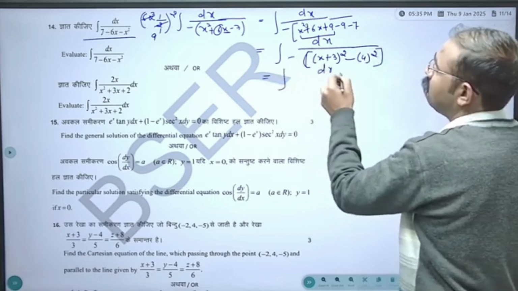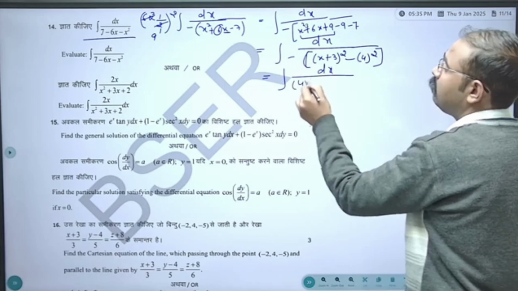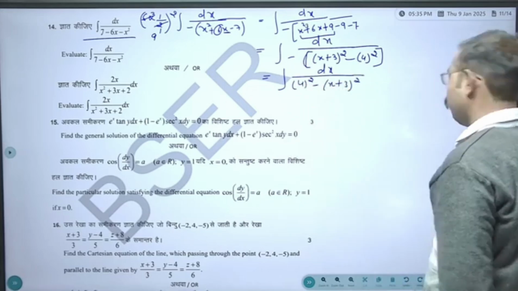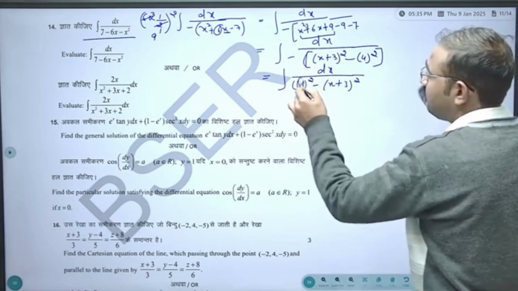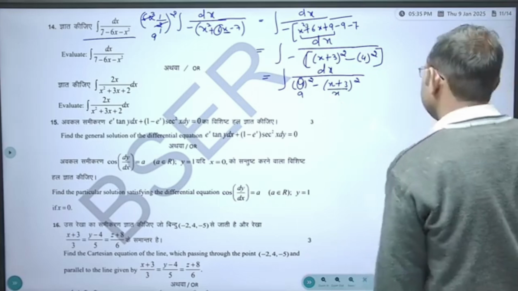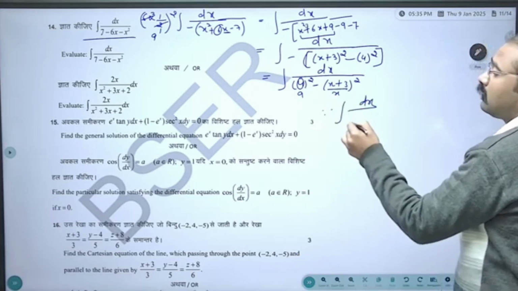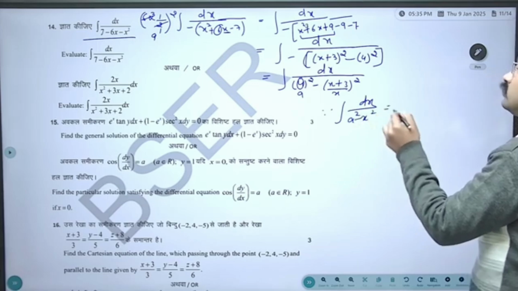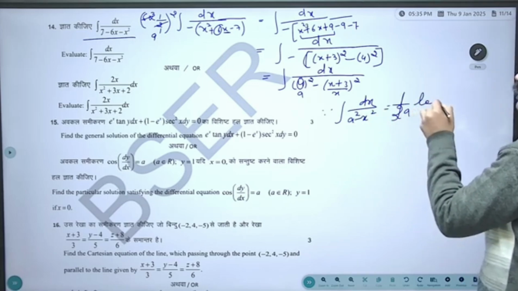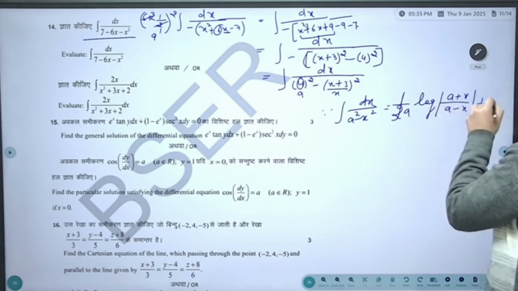Again dx upon, multiplied by minus, then 4 square will be first, and minus (x plus 3) whole square after. Here in the place of a we have 4, and in the place of x we have x plus 3, and the integration of dx upon a square minus x square is equal to 1 upon 2a log mod (a plus x) upon (a minus x) plus c.